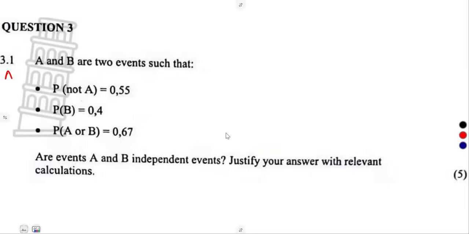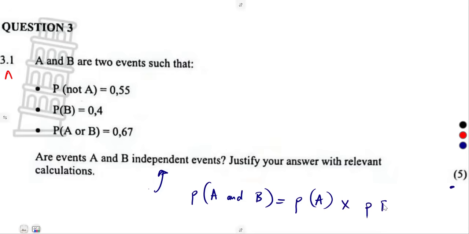Given that two events are independent, we understand that for events A and B to be independent, the condition is that the probability of A and B is supposed to be exactly equal to the probability of A times the probability of B. This is our condition of independent events.